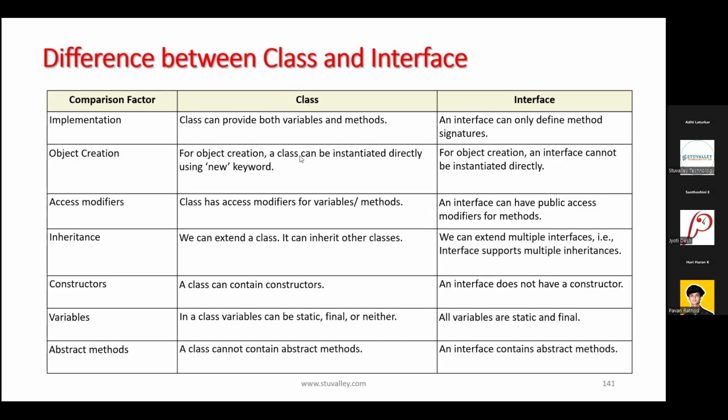Abstract methods mean that if you want to define any abstract method, you have to make that class an abstract class. That's why this statement is here. Don't get confused. In an abstract class, you can define abstract methods, but in a normal class, you cannot define abstract methods. And an interface contains all abstract methods.